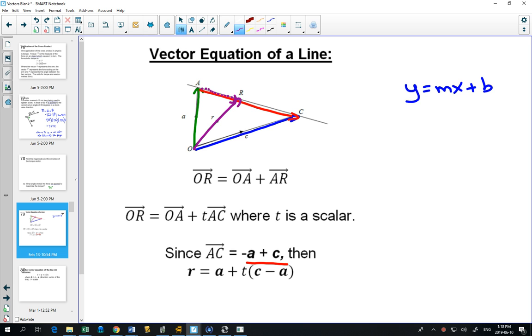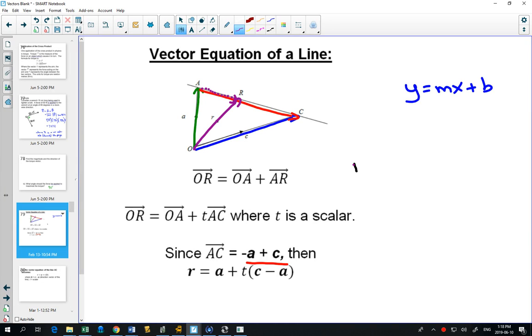In this case, it looks like a little bit less than half. If I had to do my best guess, I might say maybe 3 or 4/10 of the way. Does that make sense? If I start at A and go 3/10 of the way to C, I would end up at R. And so our equation for R looks like this.